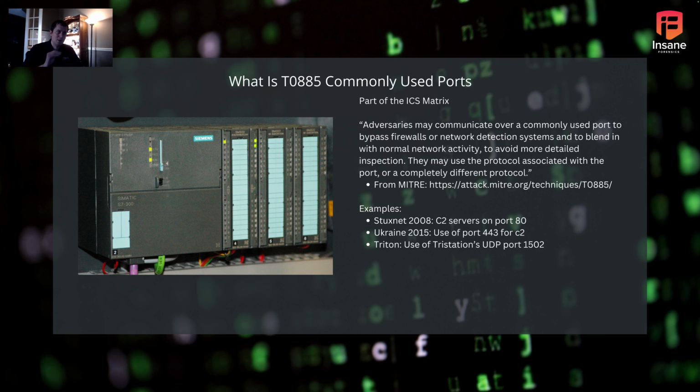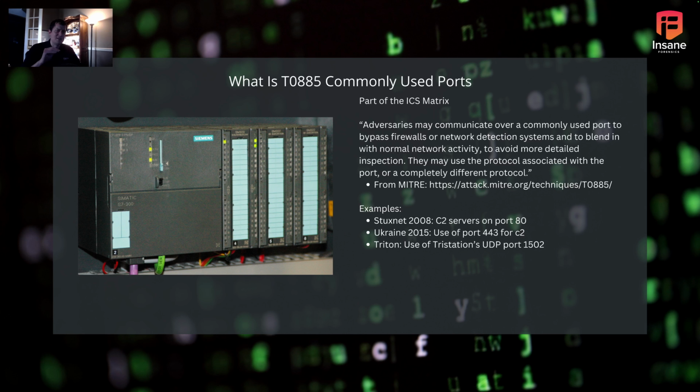What's interesting with Triton is the use of TriStation's UDP port 1502. The malware was actually sending bogus TriStation commands, both for the C2 and for the exploitation side. But what falls in the bucket of this technique is really any use of those protocols.